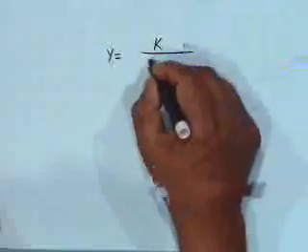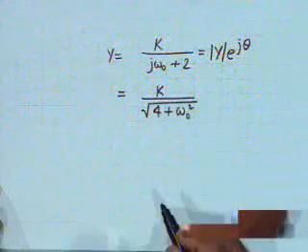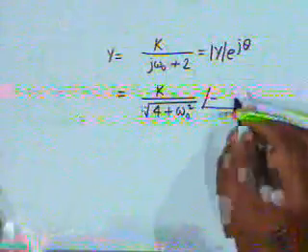I can write this as a magnitude times e to the j theta, magnitude and angle. If you take the magnitude, obviously this would be square root of 4 plus omega naught squared, and the angle shall be minus tan inverse omega naught divided by 2, or is it 2 by omega naught? So omega divided by 2.